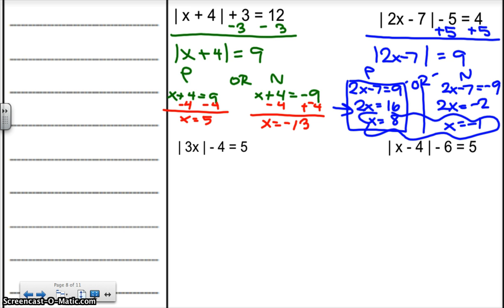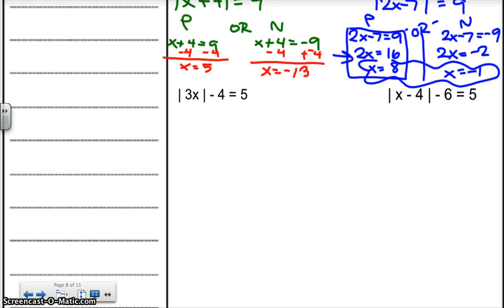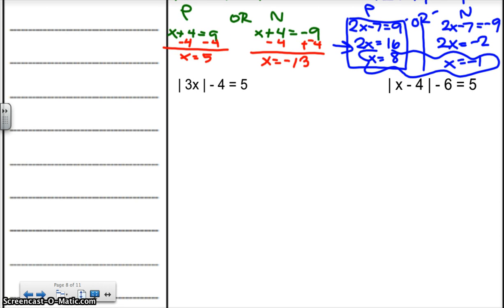All right, next one. The absolute value of 3x minus 4 equals 5. Is my absolute value sign alone, yes or no? Tell me. No. What do I need to do to get my absolute value sign by itself? Add what? 4. Okay, so adding 4 to both sides.